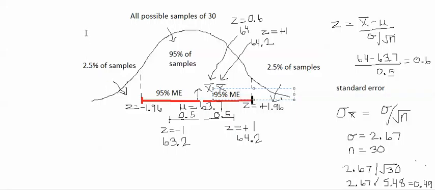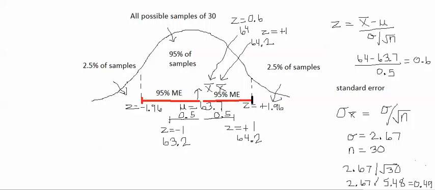Since we know that 95% of the possible samples are between negative 1.96 and 1.96, we have to somehow turn this z-score into the margin of error that we want. And there's a way to do that.